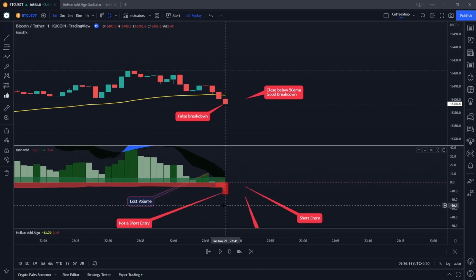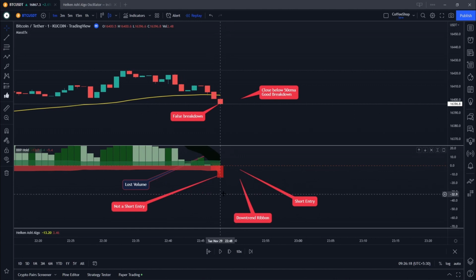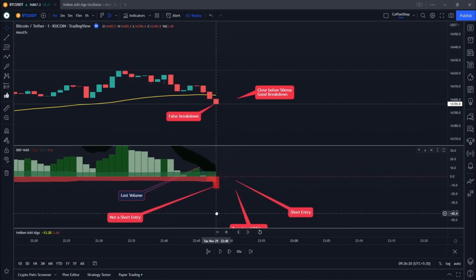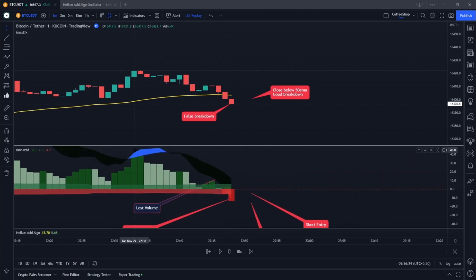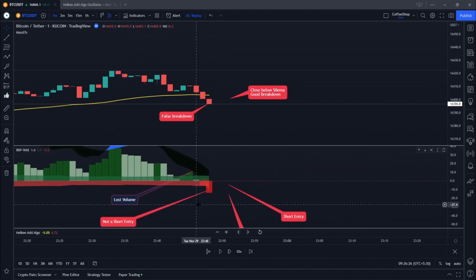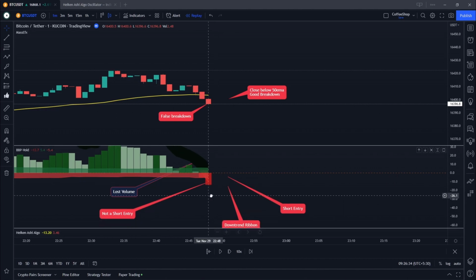And this is not an entry to the downside because this ribbon is not down here and it is not red. The ribbon is red when you are trending to the downside, and it's blue when you're trending to the upside. The ribbon is up here and it's black. Anytime the ribbon is black while it's on the top or on the bottom, you do not enter the trade, okay?